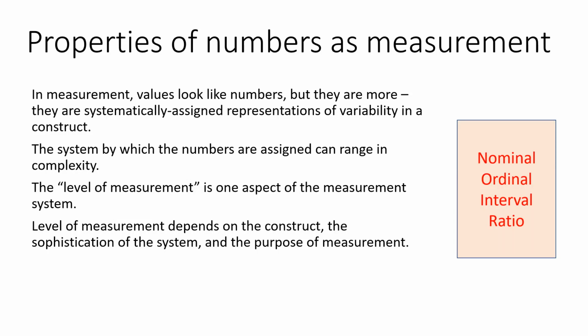So some numbers in measurement are not like regular numbers, and you need to know what they're like in order to know what you can do with them. Their qualities as numbers are not as unlimited as they would be if they were pure numbers.